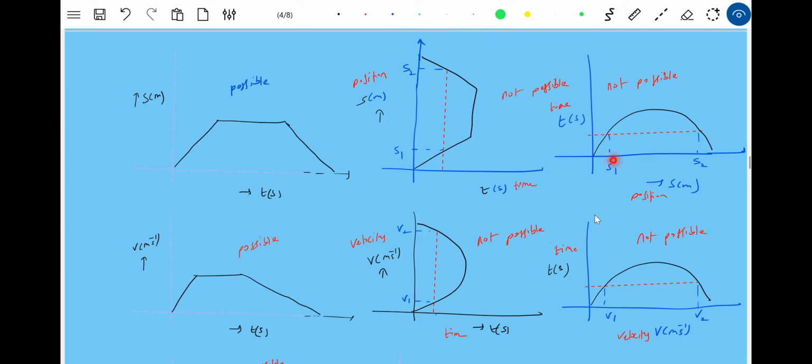For a given time, two different positions are not possible. Similarly, for a given instant of time, the object cannot have two different velocities, so not possible. The v-t graph, yes, this is possible. There's no issue with it.